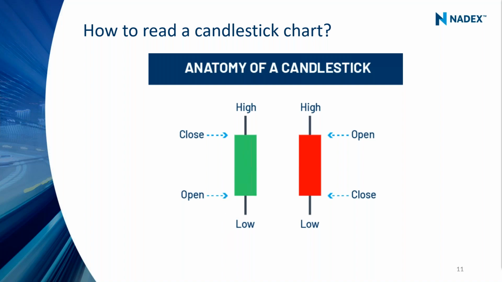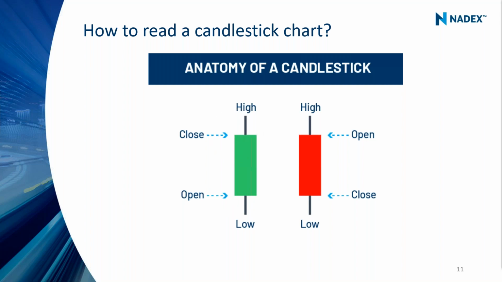Okay, and we're going to talk about time frames in a bit, but let's just say, for example, we're using 15-minute candlesticks for argument's sake. This means in this 15-minute window, if it's green, the bottom is where it opened during those 15 minutes. The top is where it closed in those 15 minutes.